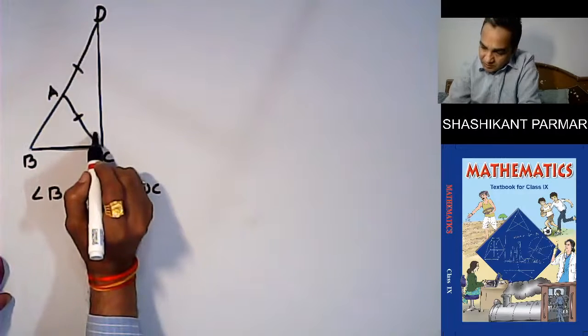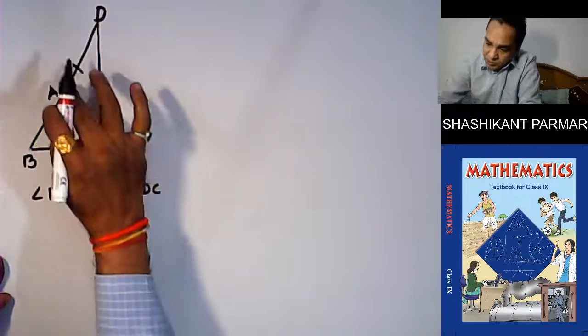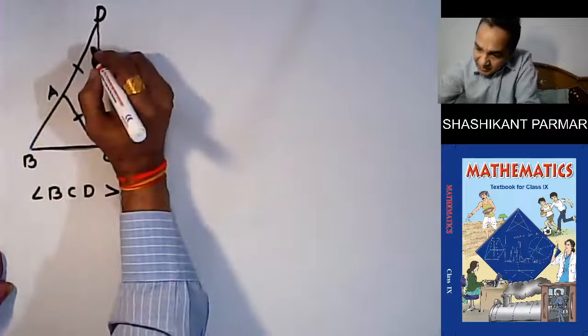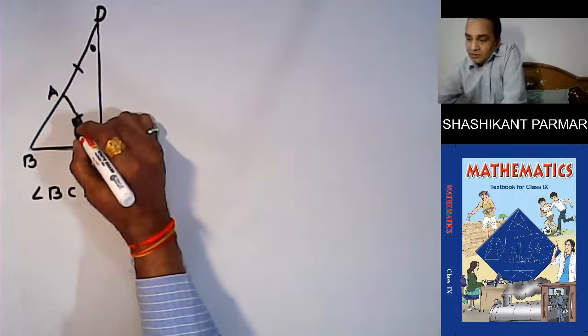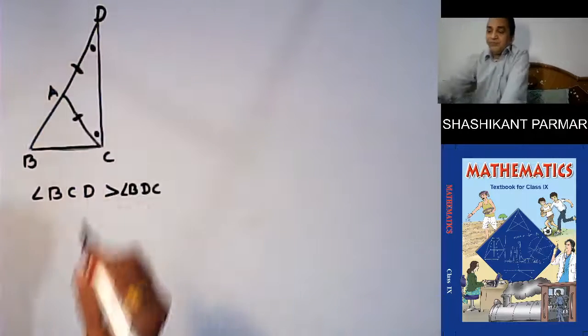See here, if those two sides are equal, then the opposite angles are equal by our theorem.